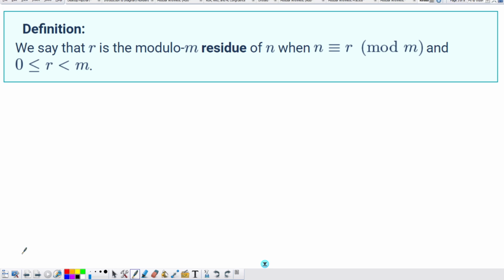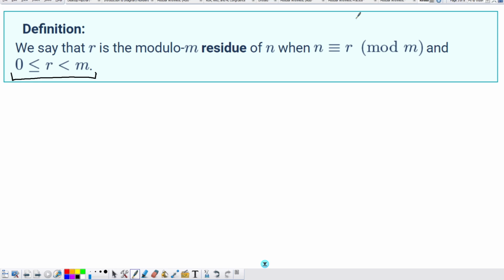We say that R is the modulo M residue of N when N is congruent to R mod M and that R is between 0 and M, not including M. So what that means is that if R is a residue, then it's strictly less than the modulo number that we are working in, which basically amounts to the fact that it's the remainder of the division by 12.